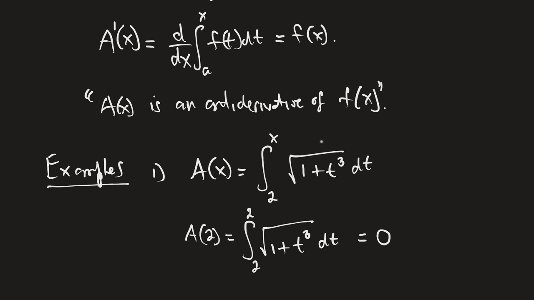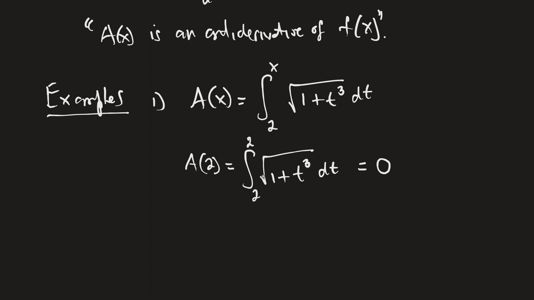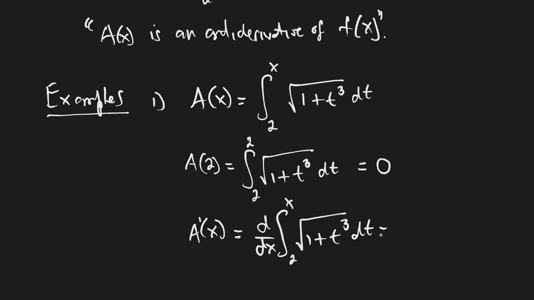Now, what if we had to differentiate this area function? What if we had to find A prime of x? Well, to find A prime of x, again, we would differentiate the integral. And what would happen is, this version of the fundamental theorem is basically telling us that integration and differentiation are inverse operations, which we already knew because that's why we defined antiderivatives that way.